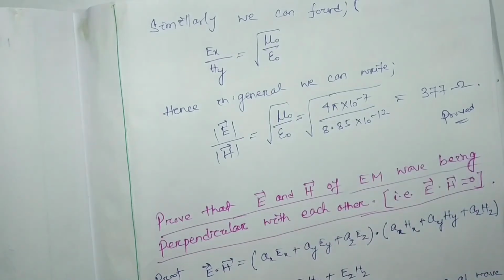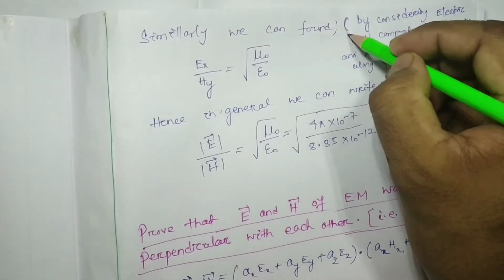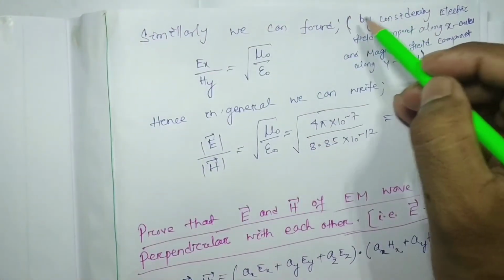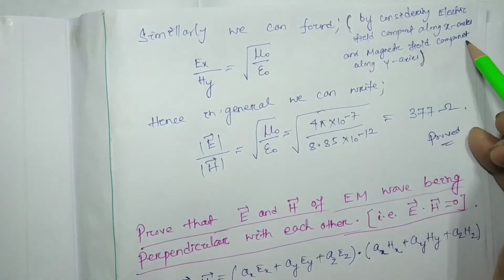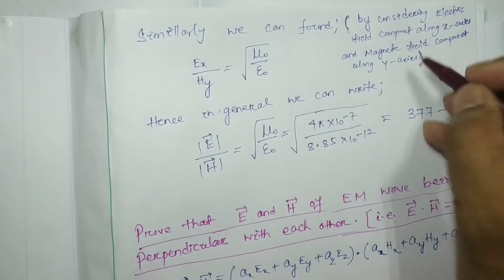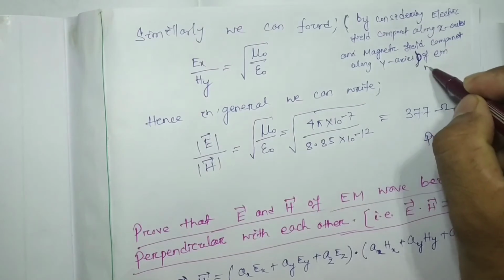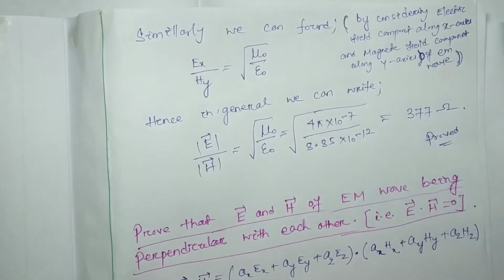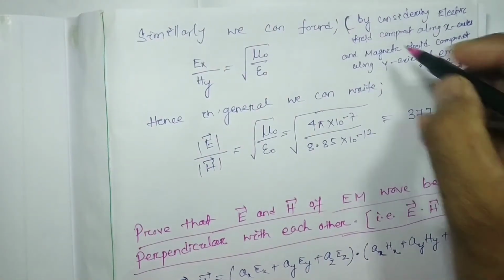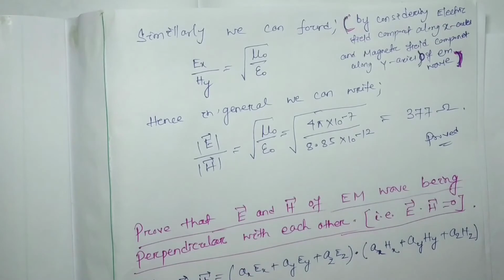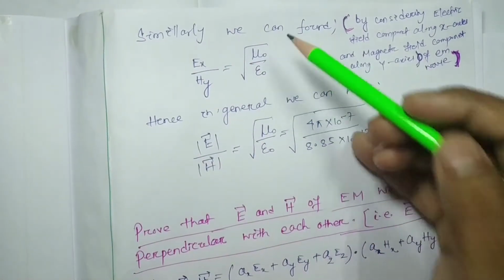Here you just write this in a bracket: similarly we can find, by considering the electric field component along the x-axis and the magnetic field component along the y-axis of the EM wave. Up to this much you have to put the bracket, from here to here. Then we find Ex by Hy equal to plus root over of mu 0 by epsilon 0.